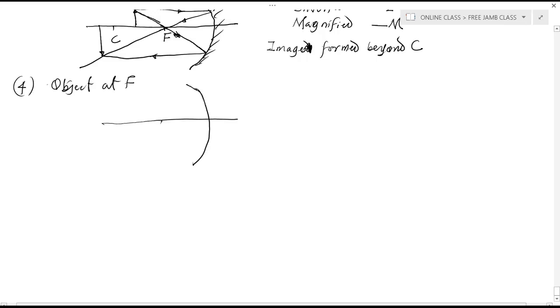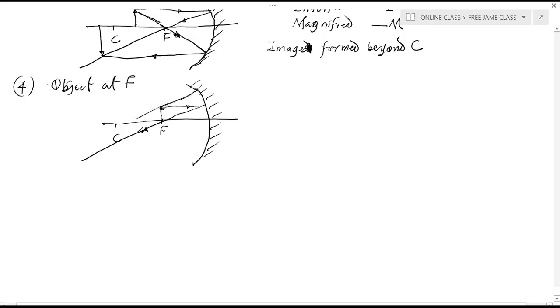Object at F. If the object is here, we have this ray going this way, parallel. It reflects back along F. Now, another ray, instead of passing through F, it can't pass through F now.